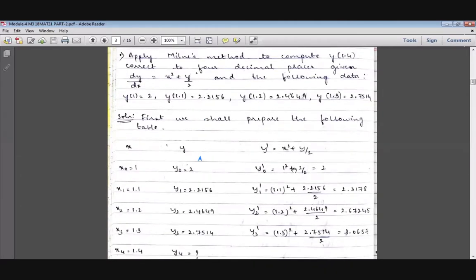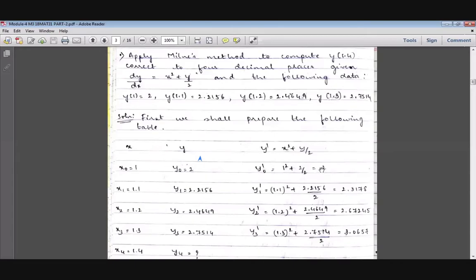Next, y dash. Where is y dash? I told in all the previous problems that we discussed, only dy by dx on the left hand side, all other values on the right hand side. So dy by dx is y dash. y dash is x square plus y by 2. Now we have listed out the data: x0 value, y0 value, x values and y values. y dash will be x0 square plus y0 by 2.